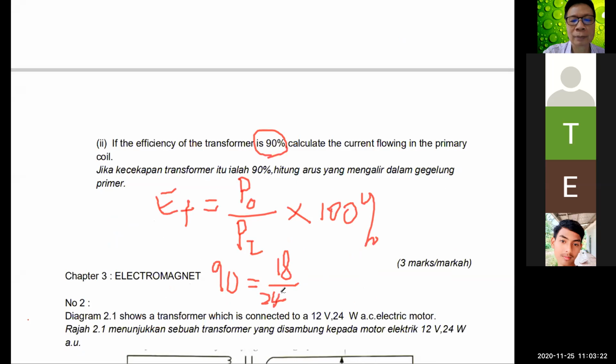You don't know the I; you are asked to find the I. Input power is VI, 240 volts times the current, times 100%. So find the I. Please solve the equation.